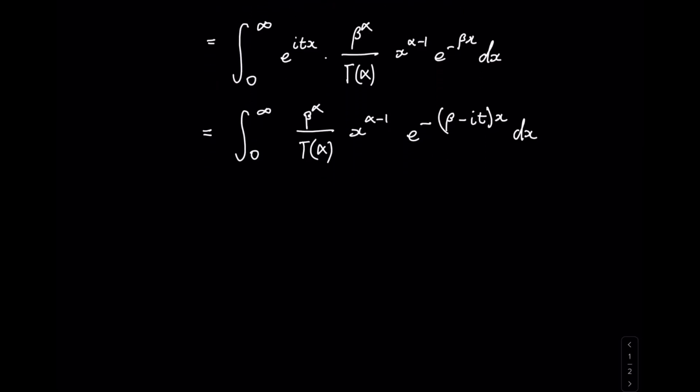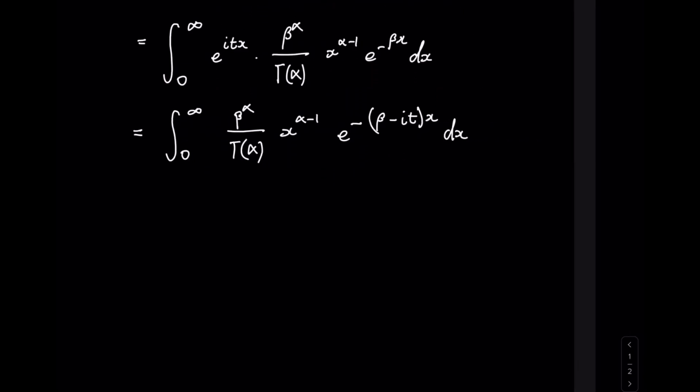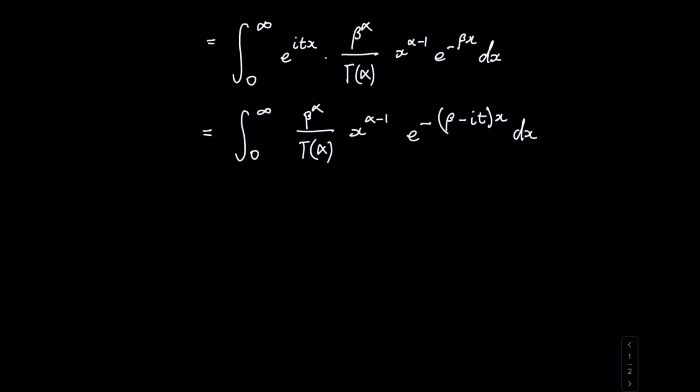In fact, the reason I'm going to do this is that now I can define this new variable s, which is equal to beta minus it. Similar to the case where we were deriving the moment generating function, I'm going to do something similar here.